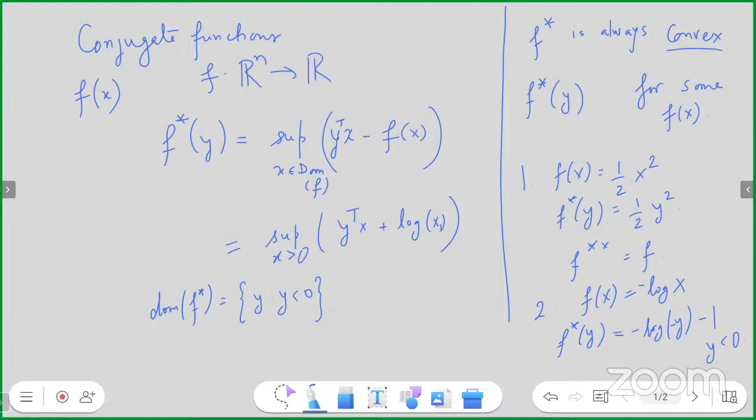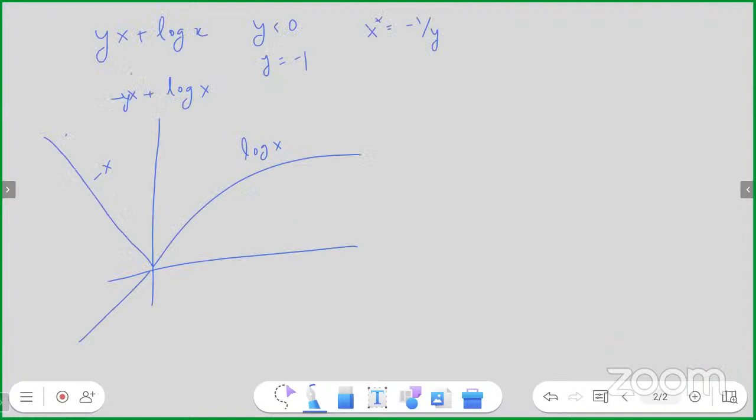All right. So let's do one more. So now let's take f of x, the norm of x. Okay. What will be its conjugate?